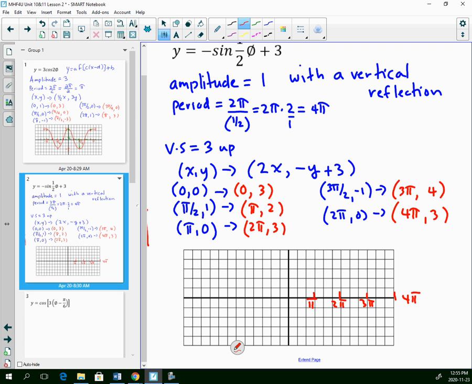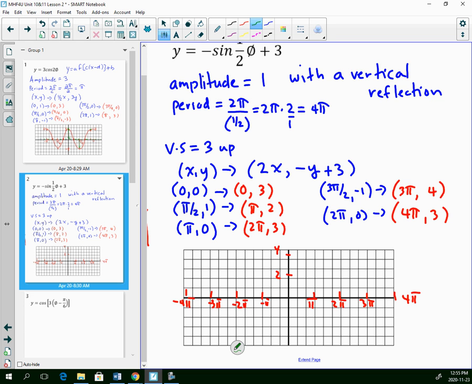So make sure I label that, and then I'm going to go the same to the left to -4 pi. And then my vertical has to go maximum of 4 and a minimum of 2, so I can fit that on here. So 2 and then 4, the middle being at 3. And now I'm ready to just plot my points.